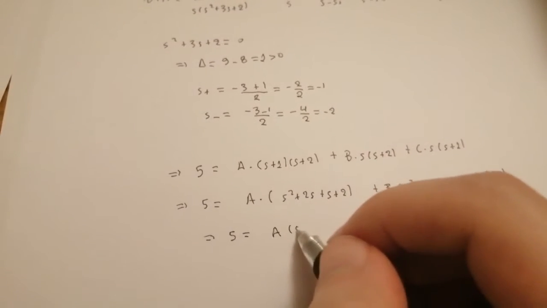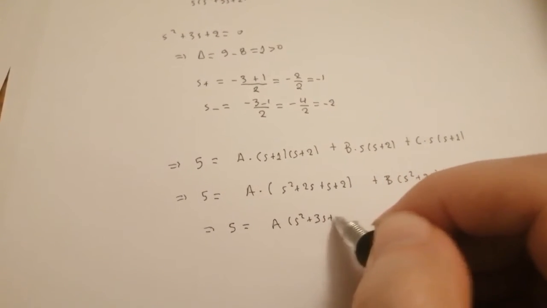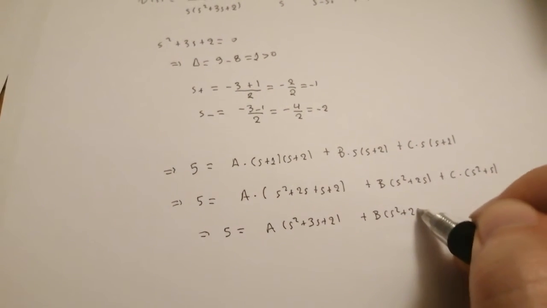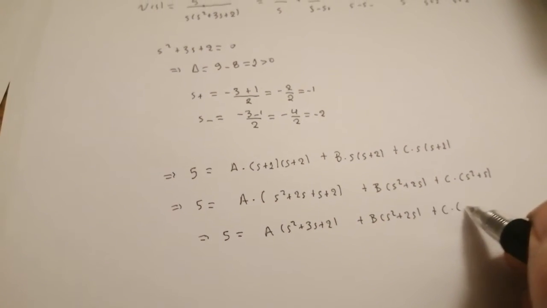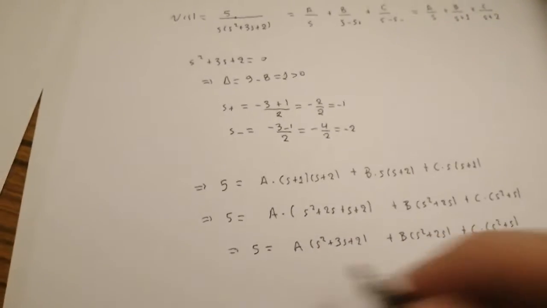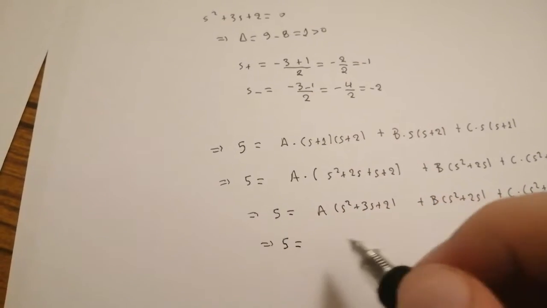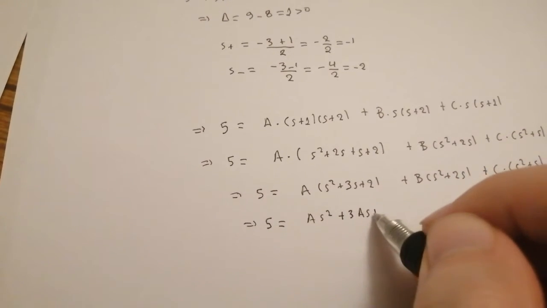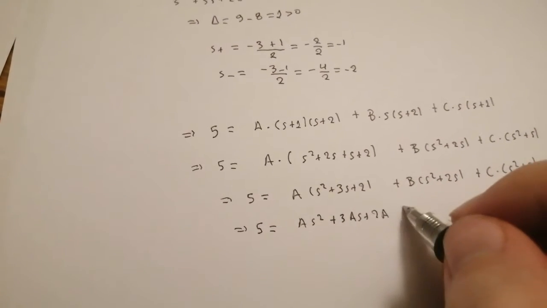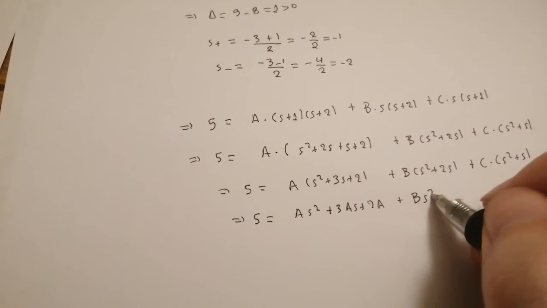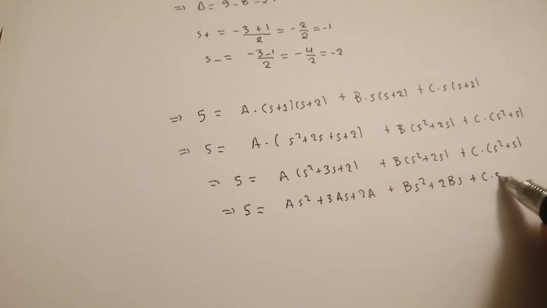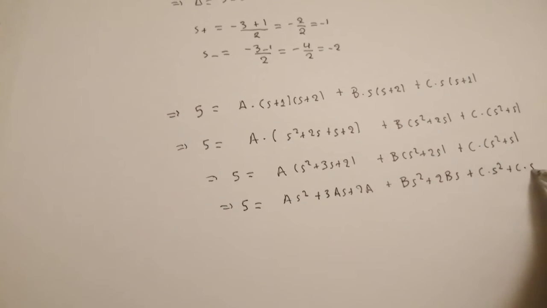I have to do some calculations here. So this should be A s squared plus 3A s plus 2A plus B s squared plus 2B s plus C times s squared plus C times s.